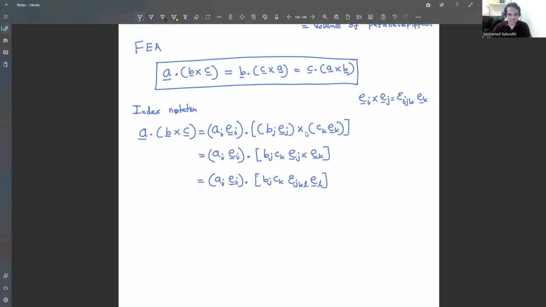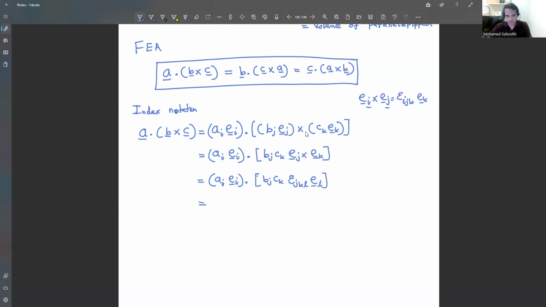So here, what are the first two subscripts? They are actually the subscripts from the vectors, right? That is i and j. Finally you have to add another index. Here the first two, j and k, are the same. So I have to add another new index, right? I cannot use i here because i is already here. Then I cannot use j also, because if I use j it will appear three times. Therefore, I will use l.